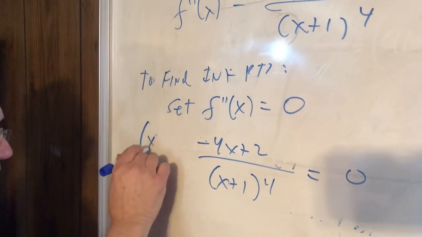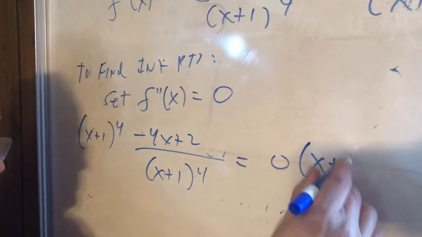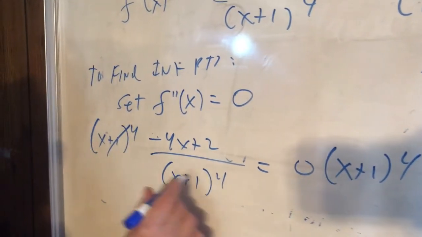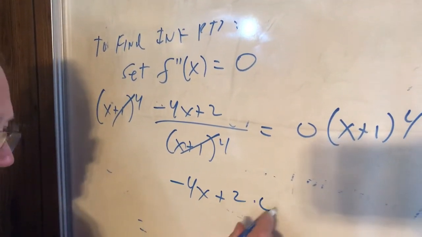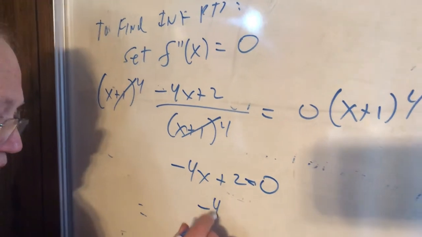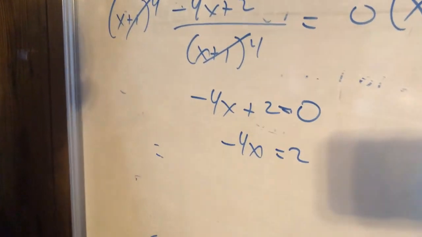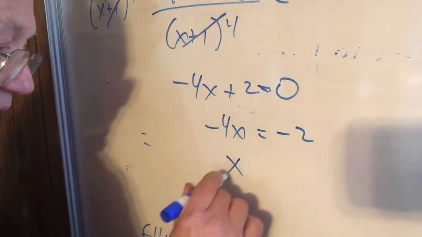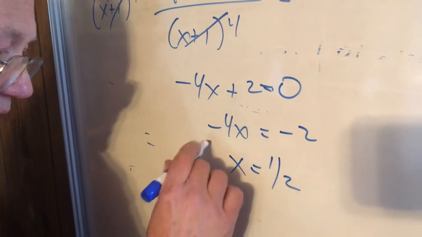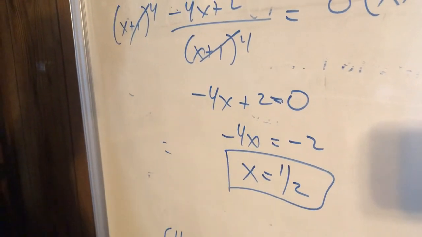Multiply both sides by (x plus 1) to the fourth. This cancels. Minus 4x plus 2 equals 0. Minus 4x equals minus 2, I'm sorry. And x equals 1/2. And now we will have to test whether this is an inflection point.